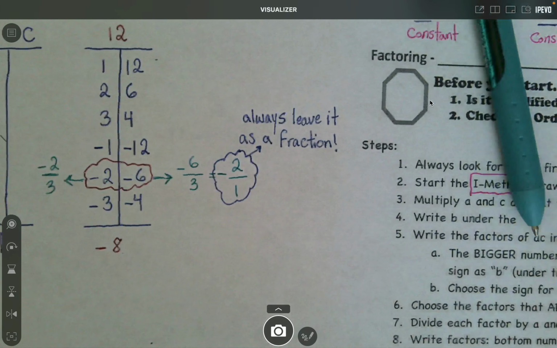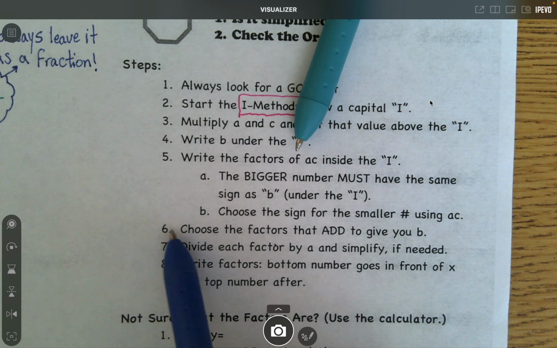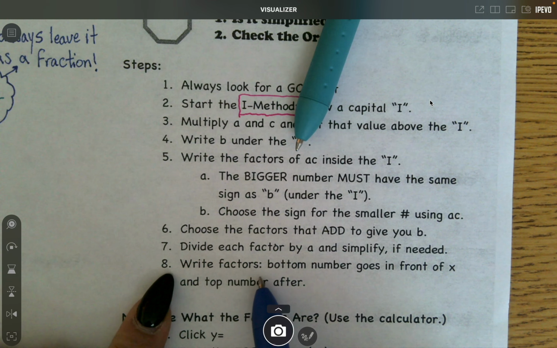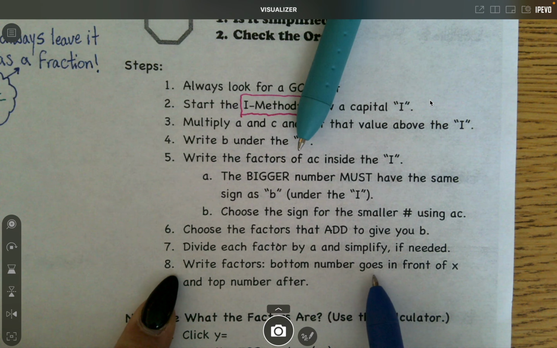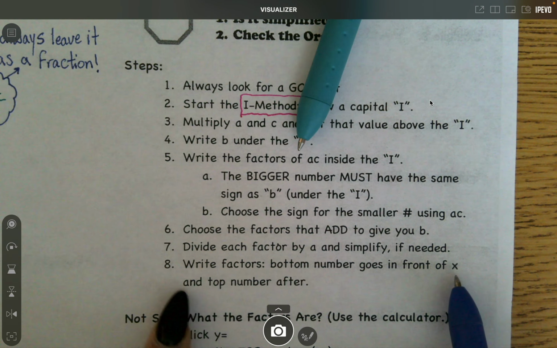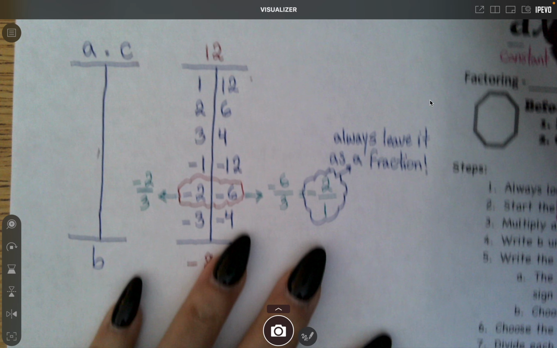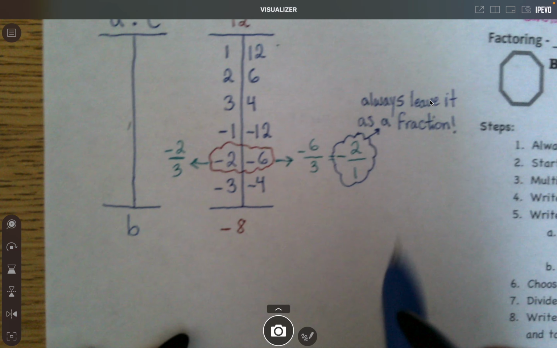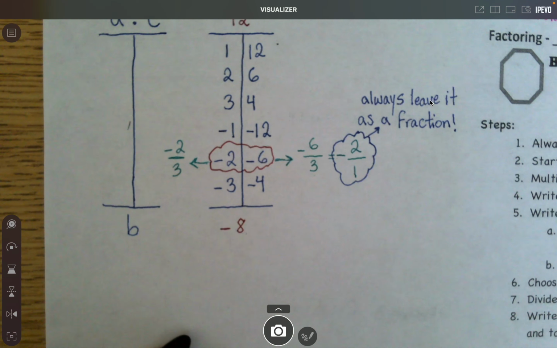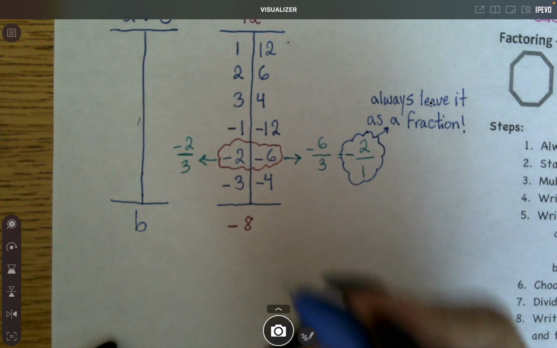Now, what does the next step say? We got this part, now we got that part, now we have to get to this part. Write factors, bottom number goes in front of x and top number after. What does that even mean? So we got these two numbers, right? Now, we have to write down our factored form. How?